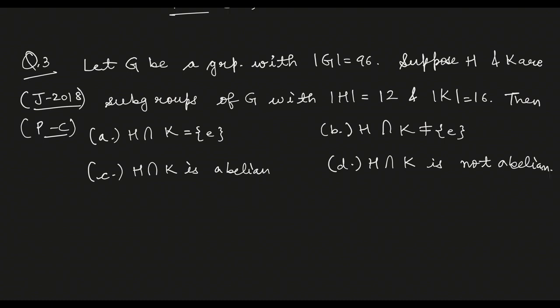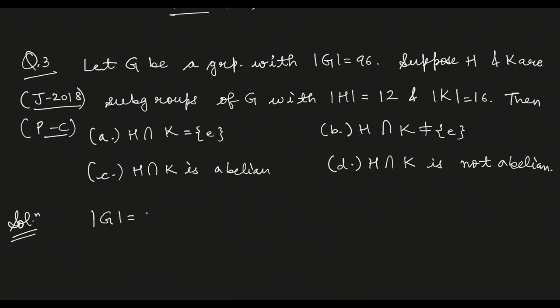A and C. नहीं. फिर तो एक ऑप्शन है A and B. नहीं सॉरी B and C. B and C. आइडेंटिटी नहीं होगा, इसके लिए चेक करना पड़ेगा. नॉट इक्वल टू आइडेंटिटी कैसे चेक करेंगे?